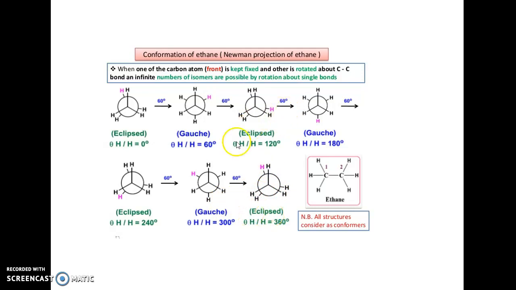So all these are the conformations obtained by the rotation about a carbon-carbon single bond in infinite numbers, keeping the front carbon fixed and rotating the back carbon through different angles.